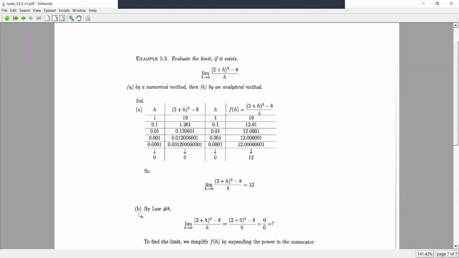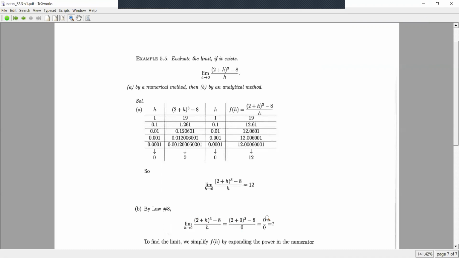Now, part B. Part B requires us to use limit laws to find the limit. Again, I only use law number 8, direct substitution. By direct substitution, to find this limit, I plug in 0 in h, then I have this number.